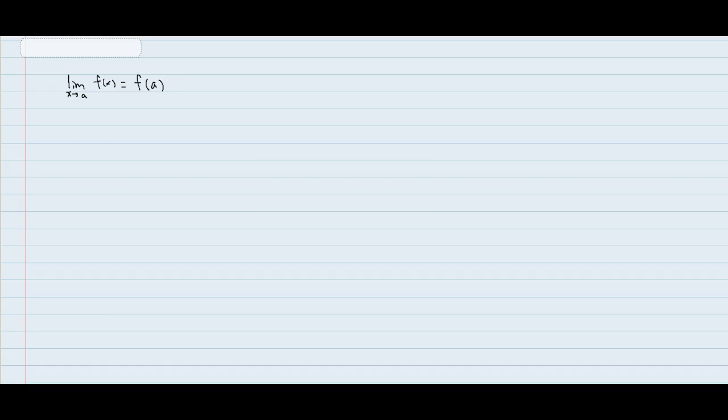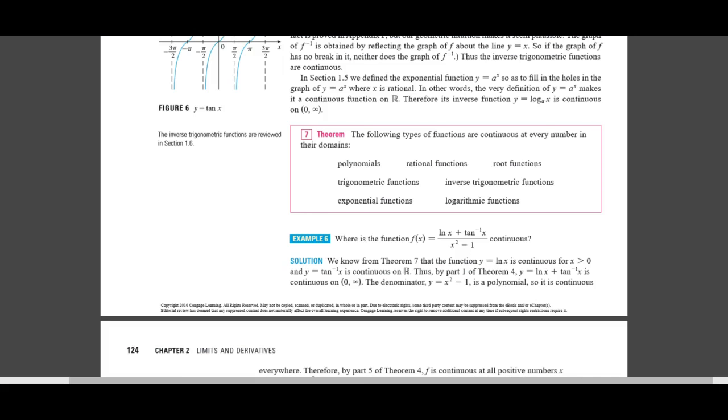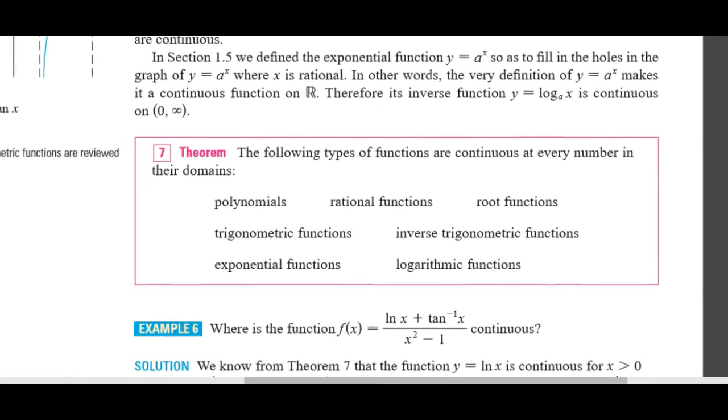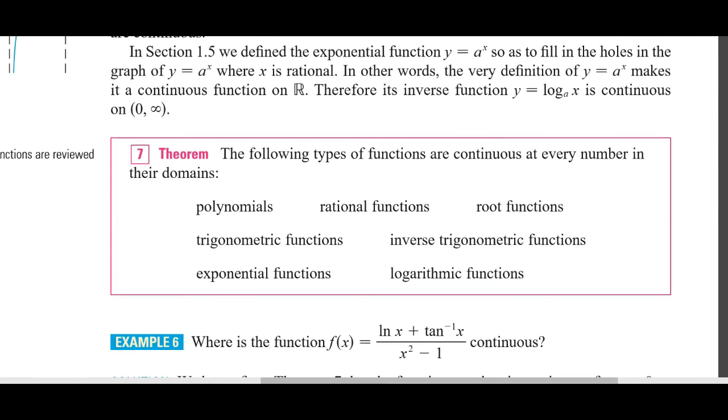So I want to take you to this page in the textbook. This is page 123, and in the book, it's listed as theorem number 7. But take a look at this. It says that the following types of functions are continuous at every number in their domains.